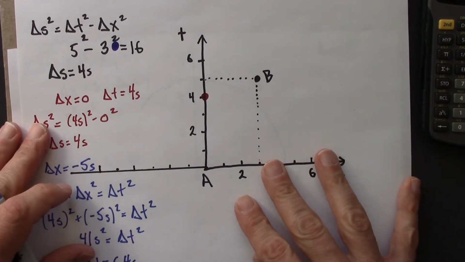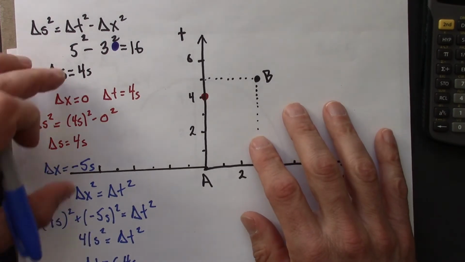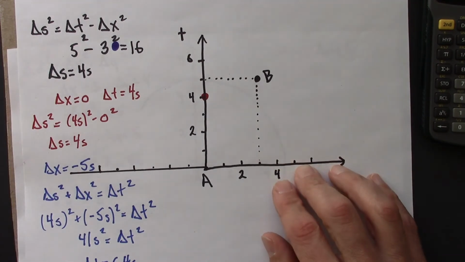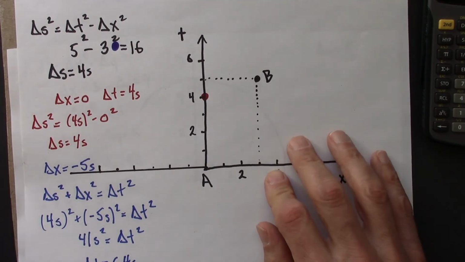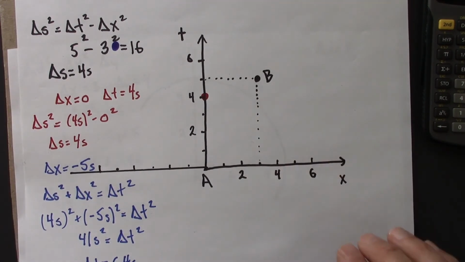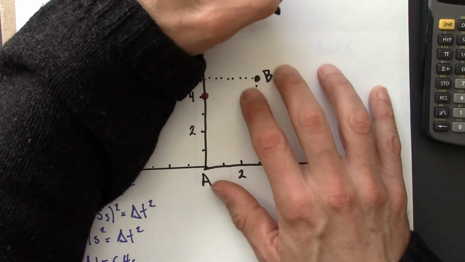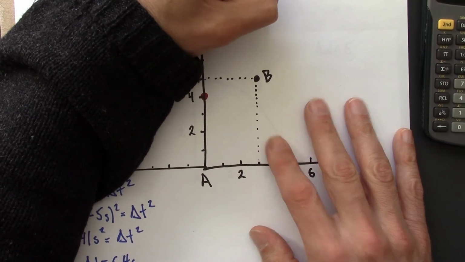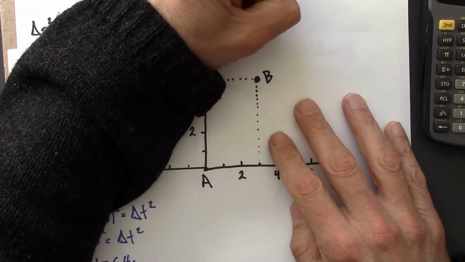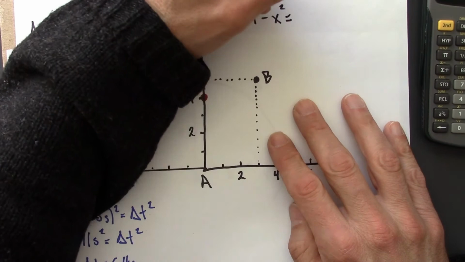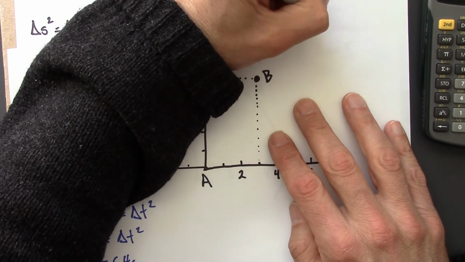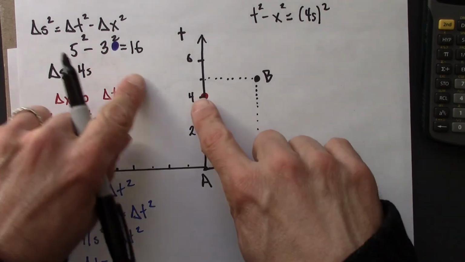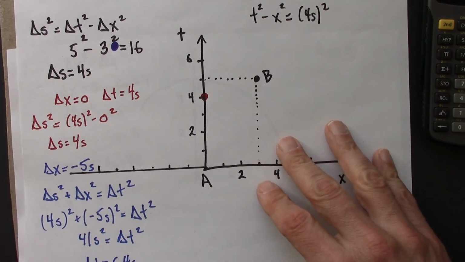So I could keep going like this, and basically I'd be looking for pairs of x and t that satisfy this equation. So the equation is t squared minus x squared equals 4 squared. So if I connect the dots, and that's what I did here.